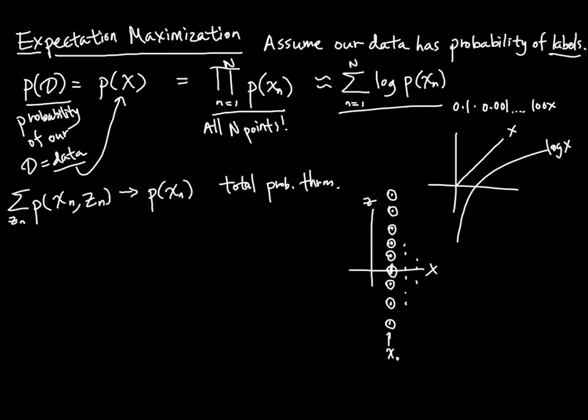Because we have a proportion of a lot of circles inside of this column where x is equal to x naught, and thus the probability of it will be proportional to how many circles there are inside there.